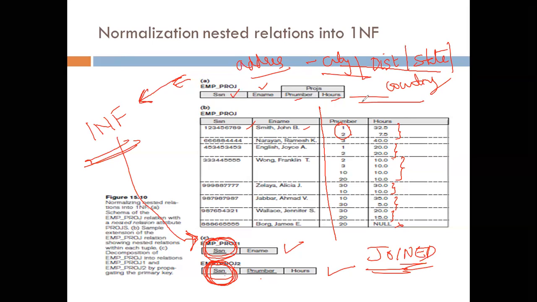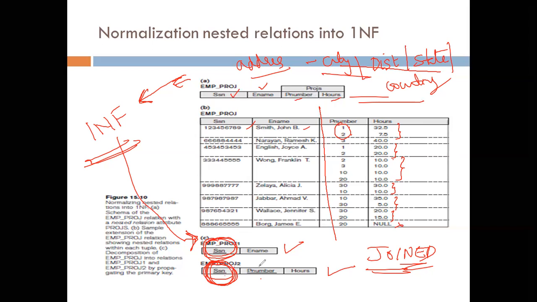So if we have composite attributes, then we can divide it, right? Then if we have multi-valued attributes like this, where two things are there. In our previous example, only department location was there. But here, two things are repeating, project number and hours. So when we have like this, we can divide the table into two parts. On the one part, SSN is the primary key. On the another part, SSN and project number is the primary key.